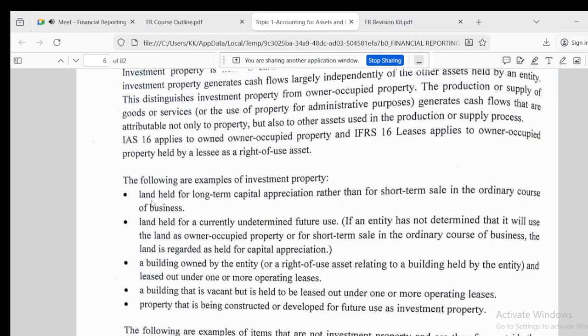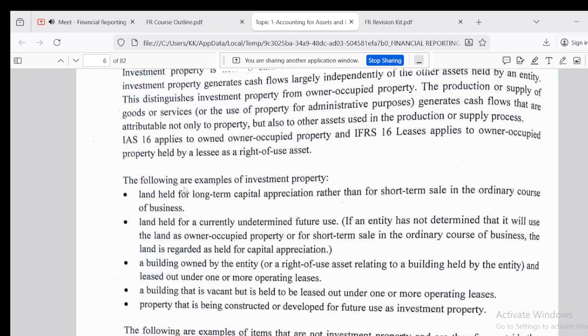So maybe we can just check here. The following are examples of, so just write examples of investment property apart from land, but I'm just seeing a building that is vacant but is held to be leased. And they are just made like it is like, remember we talked about building and what? And land.